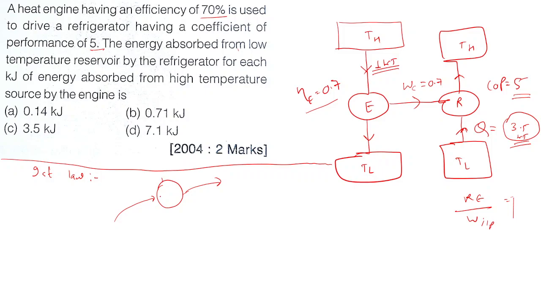There is no destruction of energy, right? So in first law, you will be giving some Q and you will be getting some W, and whatever is remaining will be stored as U, right?